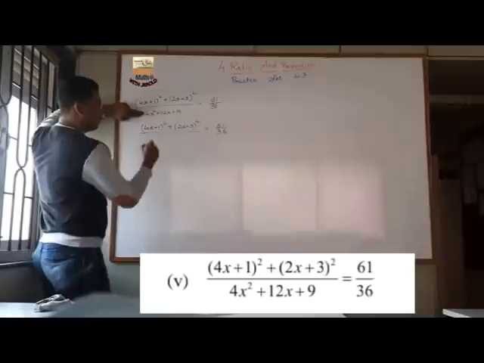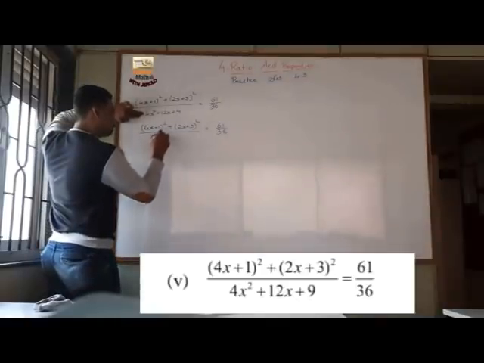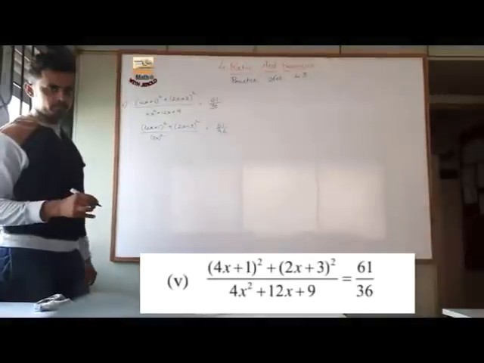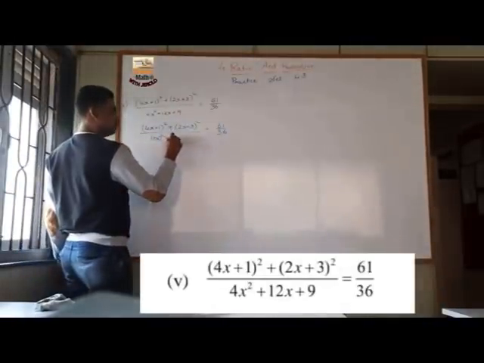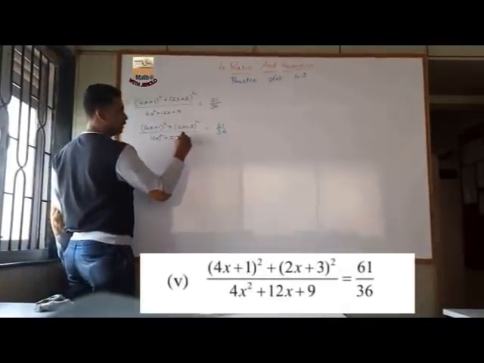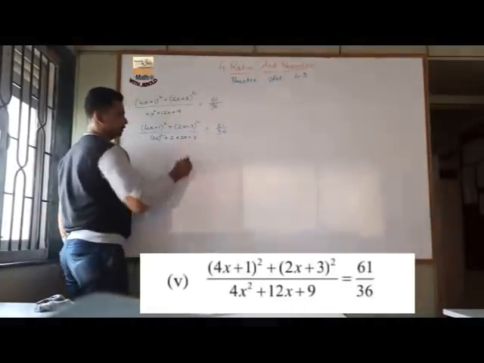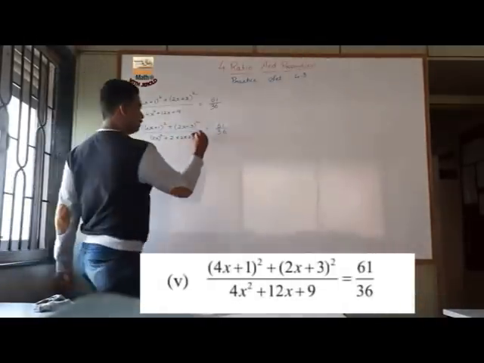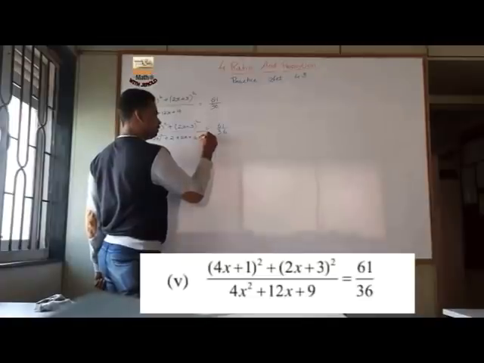If you see, 4x squared means (2x) the whole square, plus 12x means 2 into 2x into 3, and 9 means 3 squared.